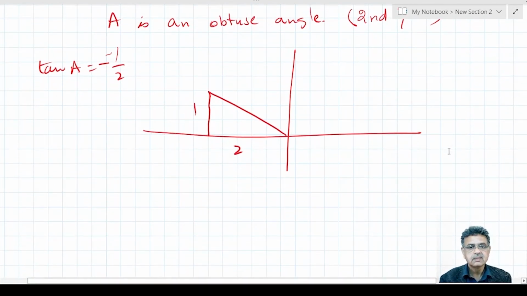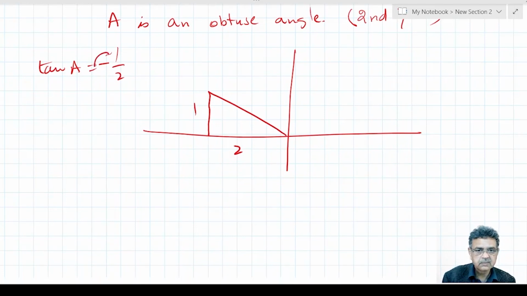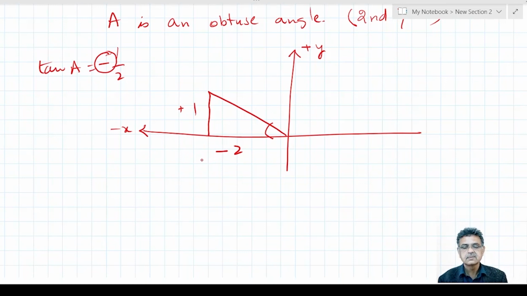So how will we justify this negative sign with this information? You know, x is negative on this side, but upwards y is positive. So 1 is positive and 2 is negative. And applying the Pythagoras theorem, you can easily find that this value will be root 5. Once again, the hypotenuse will always be positive.